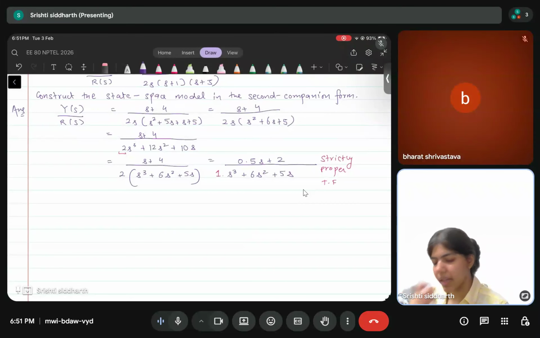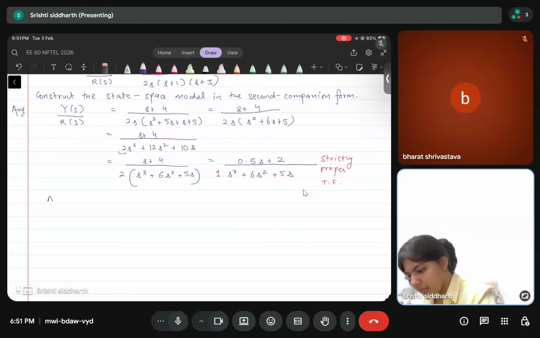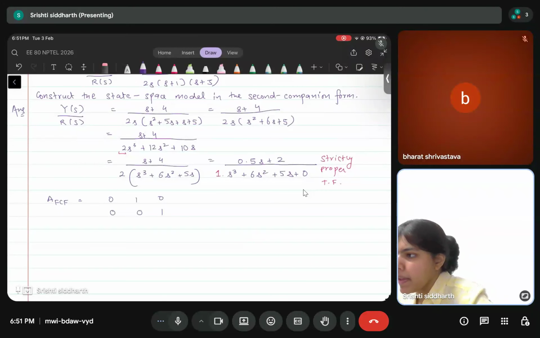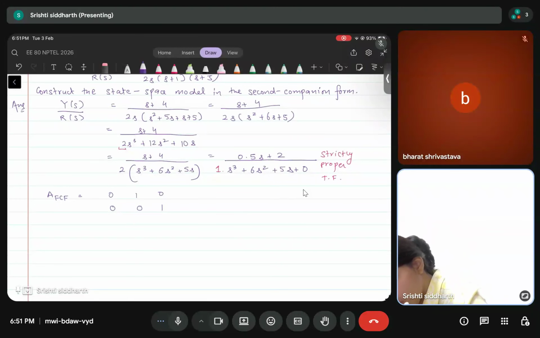Before we get to the second companion form, let's write down the matrices for the first companion form. Just to write this down so we don't mess it up, this becomes 0, minus 5, minus 6. B in the first companion form is 0, 0, 1.